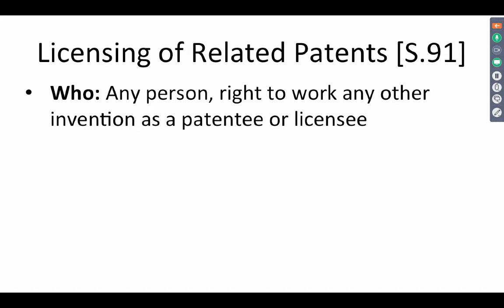He should already be a patentee, or he should have the right to work an invention as a licensee or as a patentee. And by working his invention, he may require a license from the other patent. So if he requires a license, then 91 allows him to seek a license of a related patent.